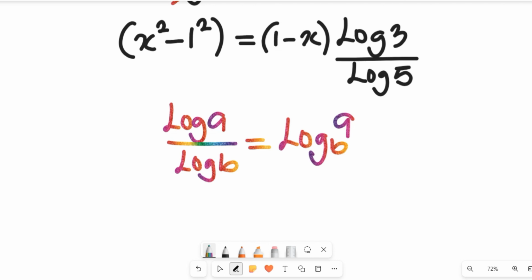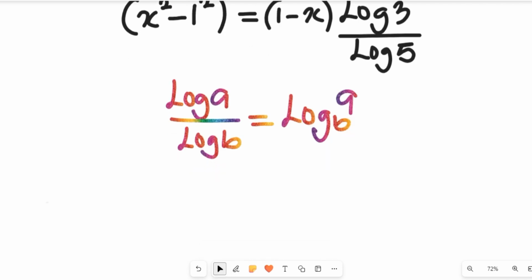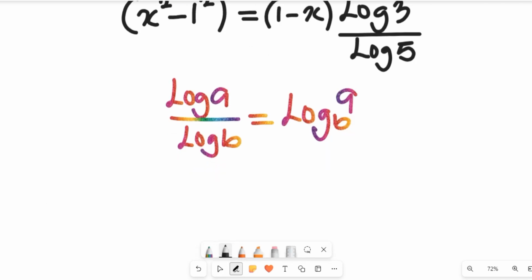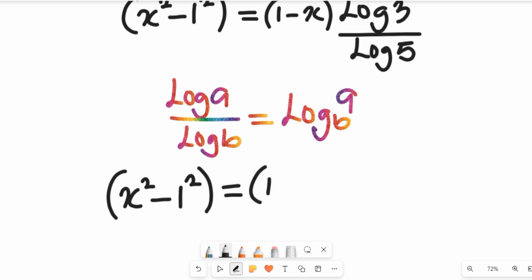So if we apply that over there, we'll have x squared minus 1 equal to 1 minus x multiplied by the log of 3 base 5.